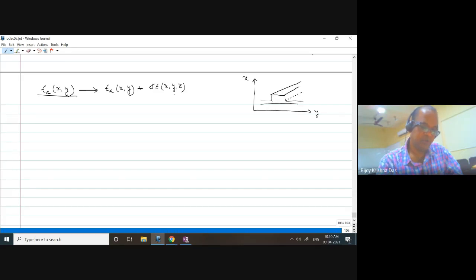And if you have some xy dependent perturbation, and that type of perturbation is periodic along z direction with a periodicity of capital lambda z, right?